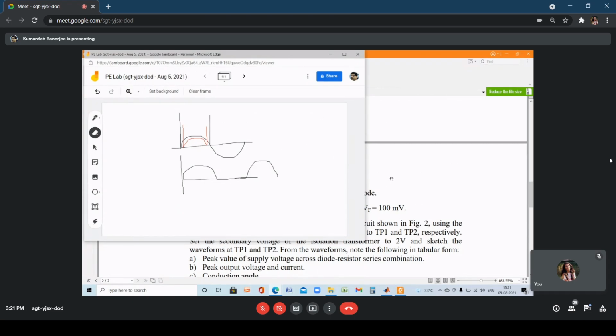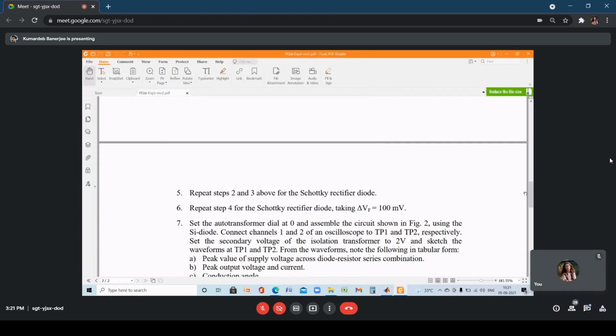So here we have a second arrangement. Initially the manual says you sketch the waveform and find these values when the RMS value at the secondary point is 2 volt.